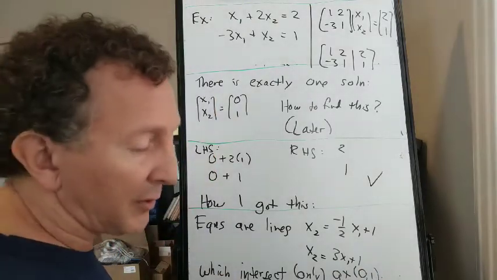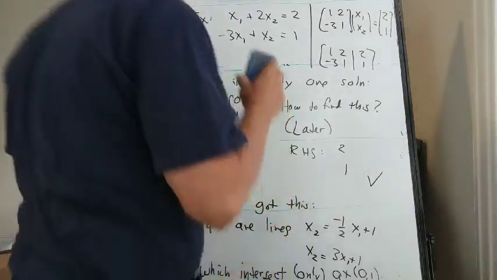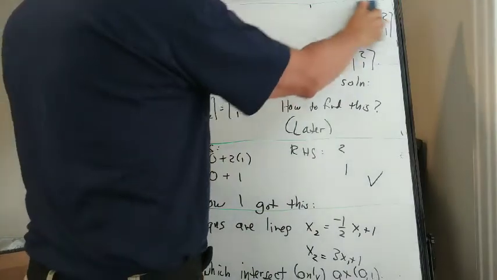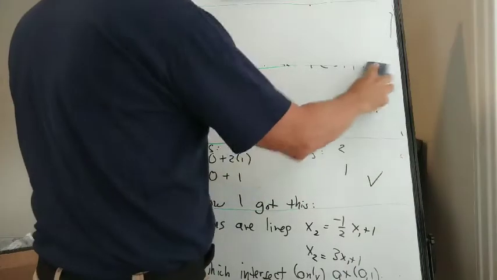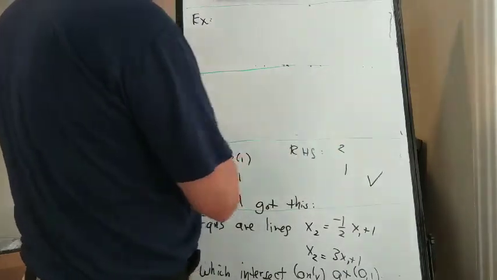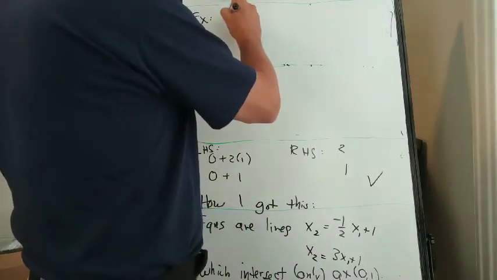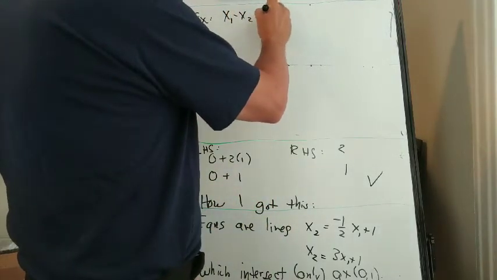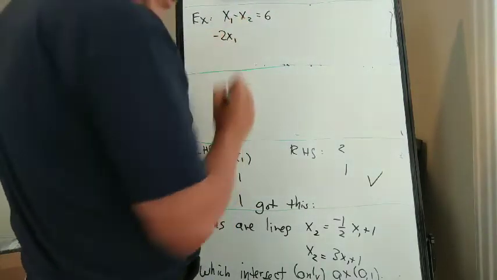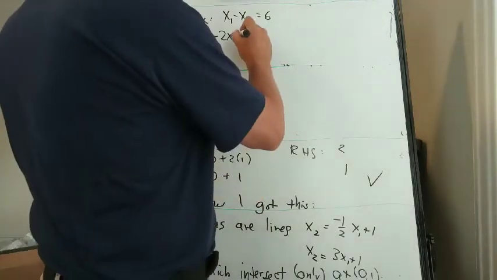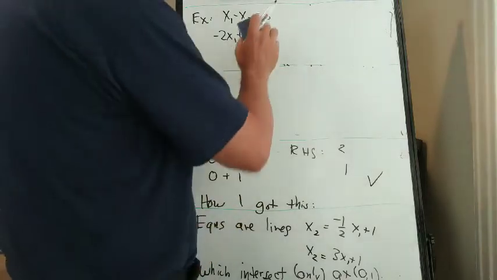All right, let's look at another system of equations which has no solution. x1 minus x2 equals 6, negative 2x1 plus 2x2 equals 4.